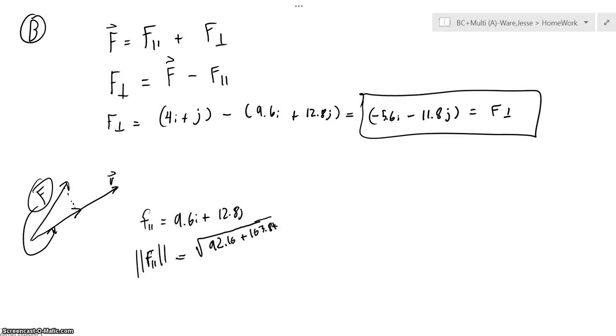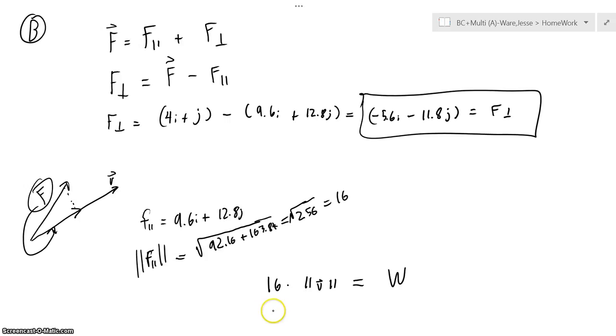So essentially, using the Pythagorean theorem, we square both of the magnitudes of the i and the j, and take the square root of their sum, which conveniently adds up to 256, and that happens to be a perfect square, which is 16, which is really nice. So it's going to end up being 16 times magnitude of v equals work.